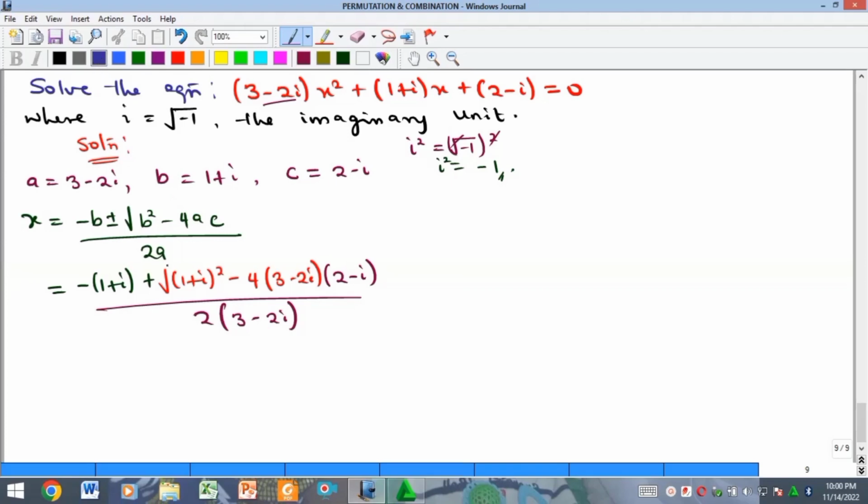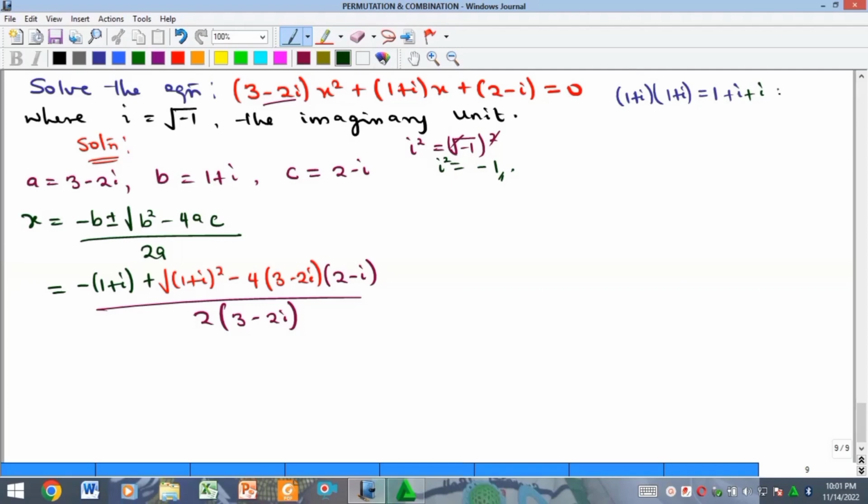So what are we going to do next? We'll simplify all the brackets that we have here, beginning with 1 plus i all squared. That means multiplying it by itself: 1 times 1 is 1, 1 times i is i, i times 1 is i, and i times i is i squared.